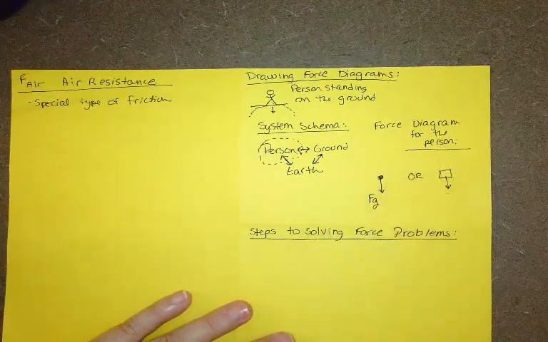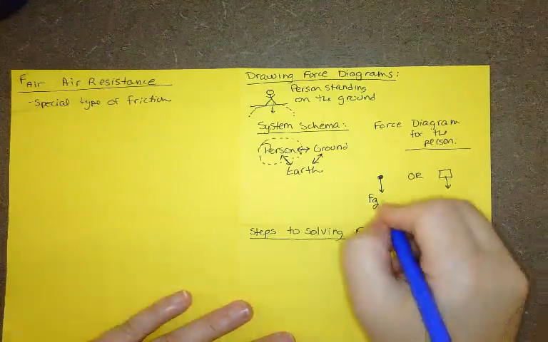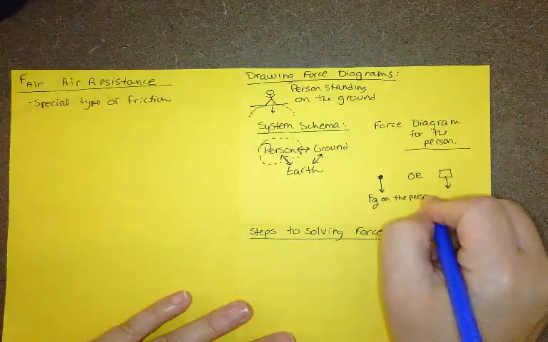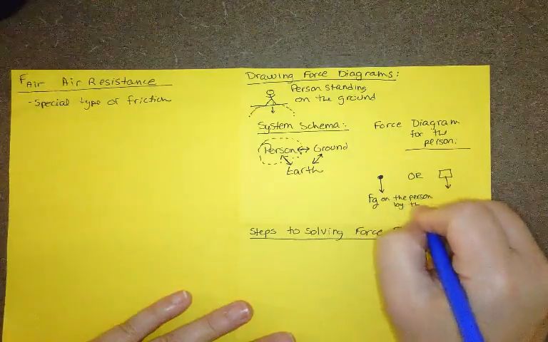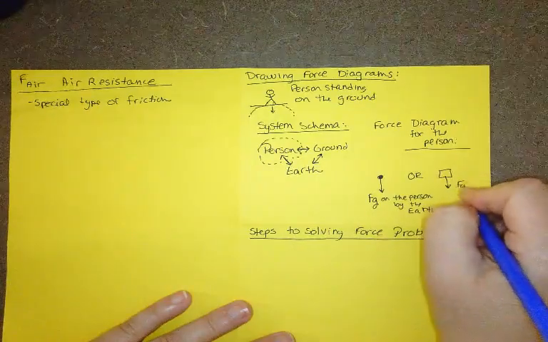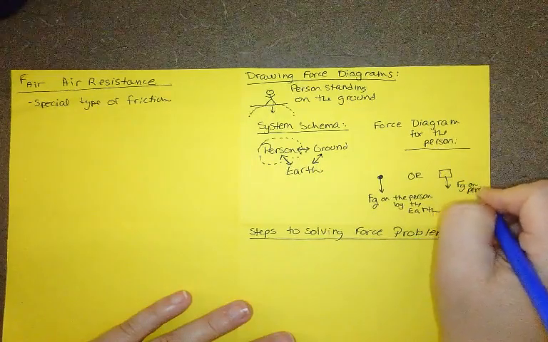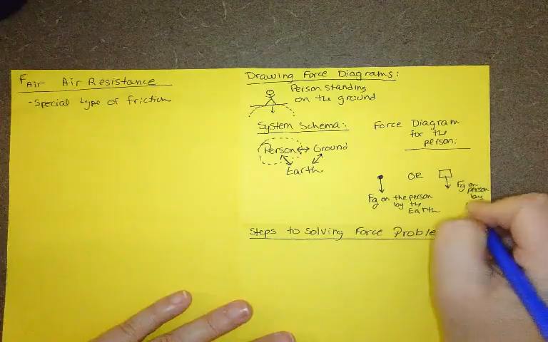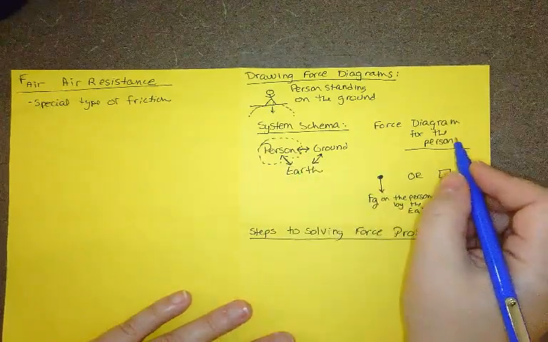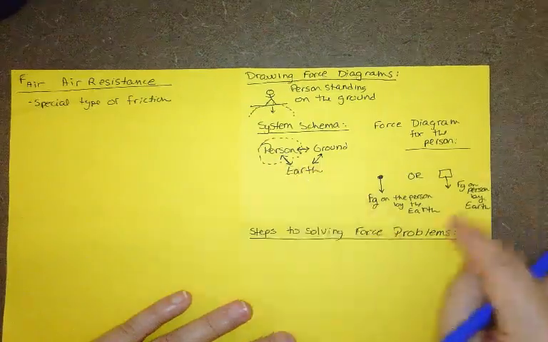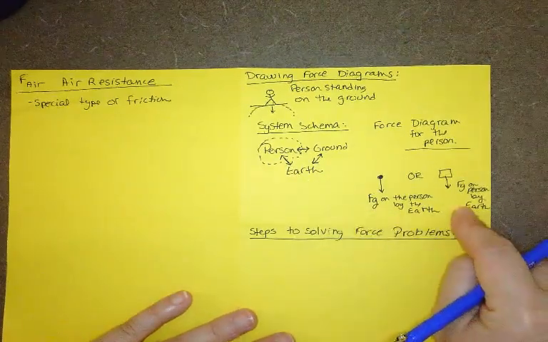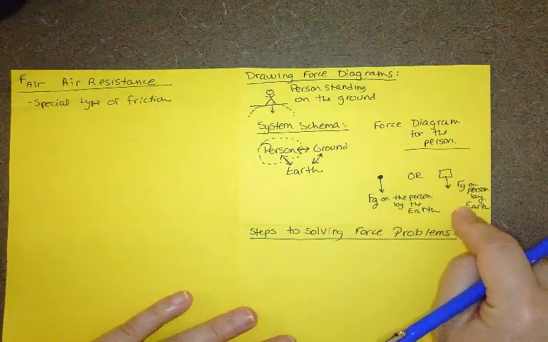I label the force as a gravitational force on the person, the feeler, by the Earth, the dealer. So we're going to talk about the feeler. The feeler is who the force diagram is for. The dealer is the provider of the force. So in the case of the gravitational force, that is the Earth.